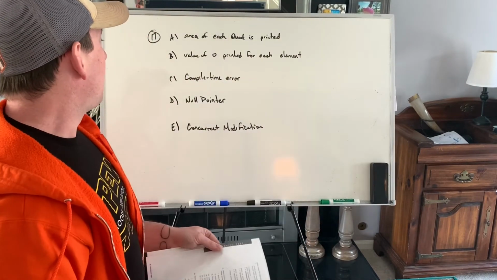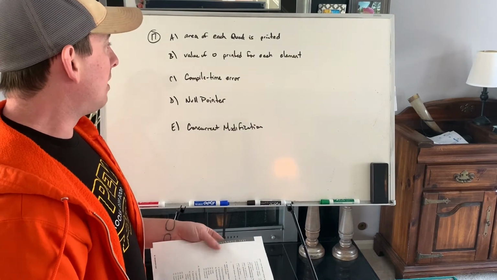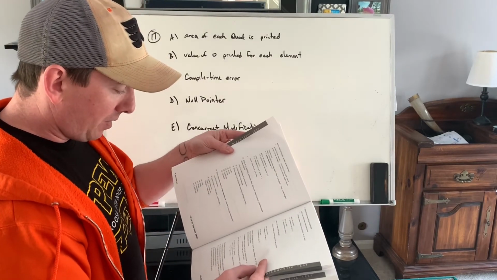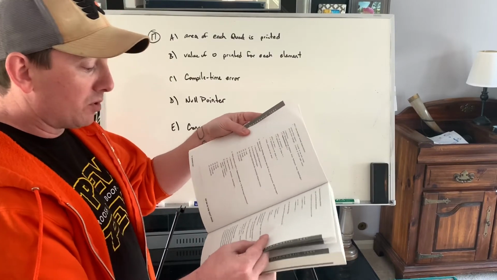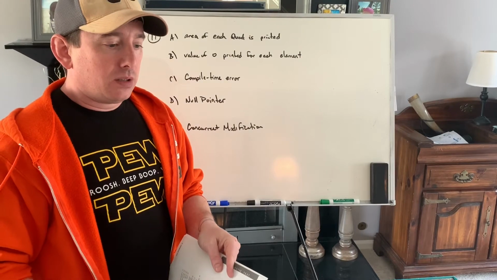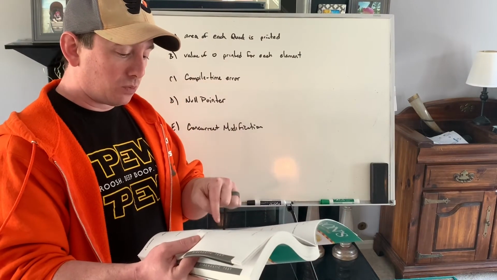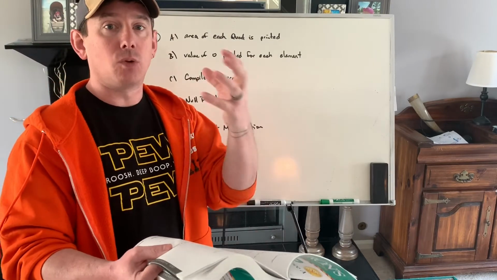A, compile time error. I see no reason for there to be a compile time error. I think in C they specifically said there's no get labels method in the other subclasses. Well, no, there's not, but these things are quadrilaterals. That's what it says in the array list. It's an array list of quadrilaterals.